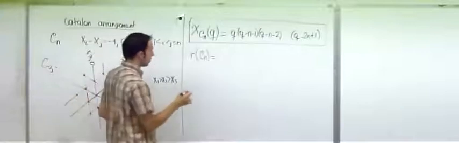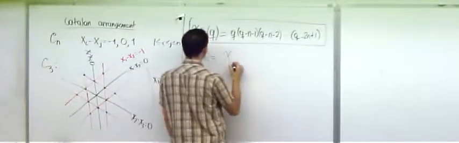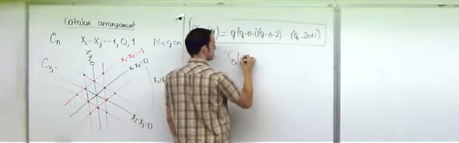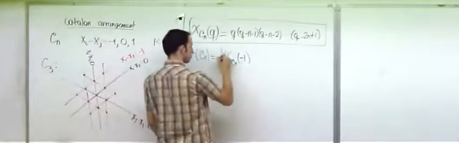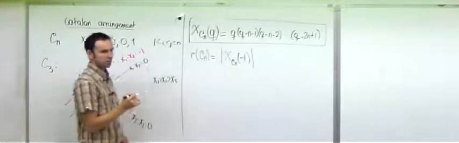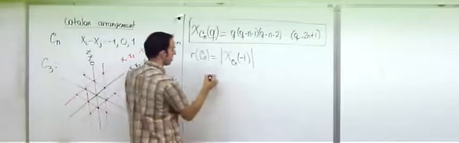So what is the number of regions of this arrangement? Well, we just need to plug in minus 1 and take the absolute value by Zaslavsky's theorem. So let's do that. Okay.